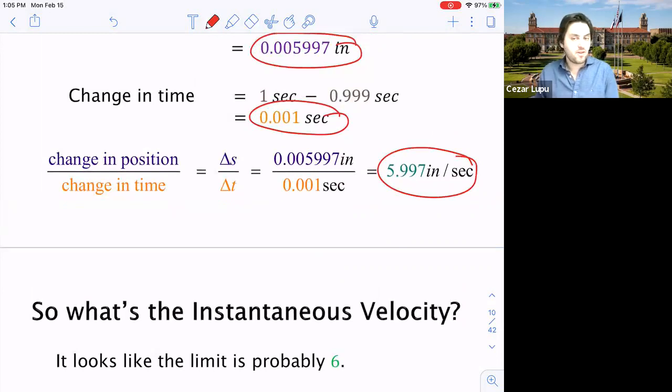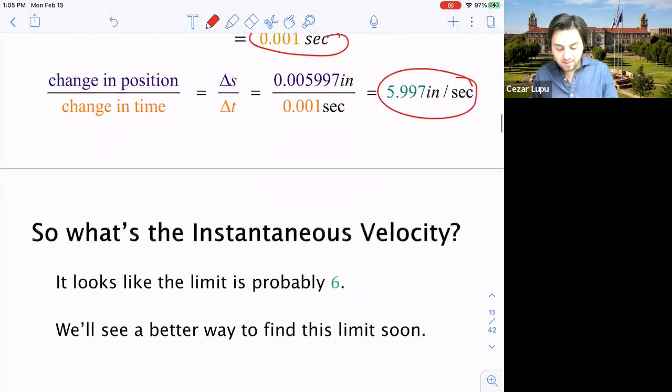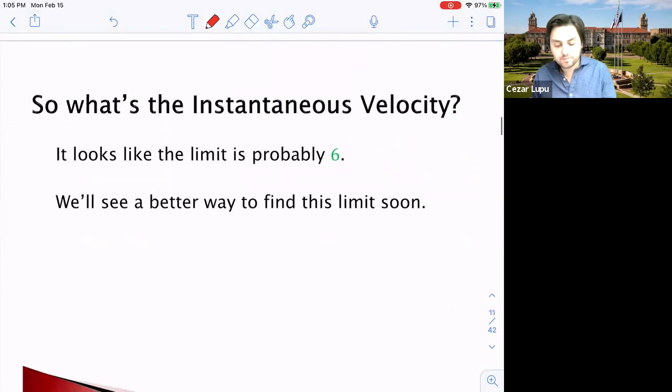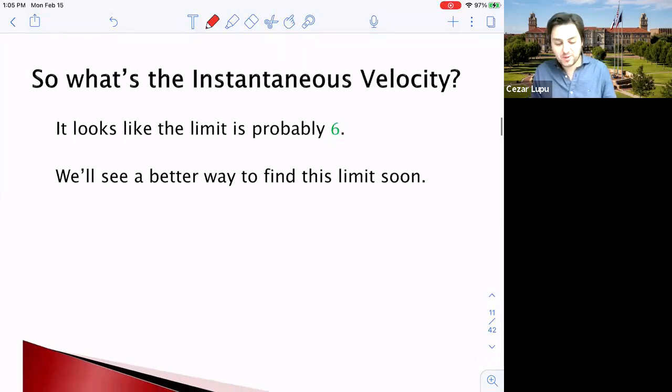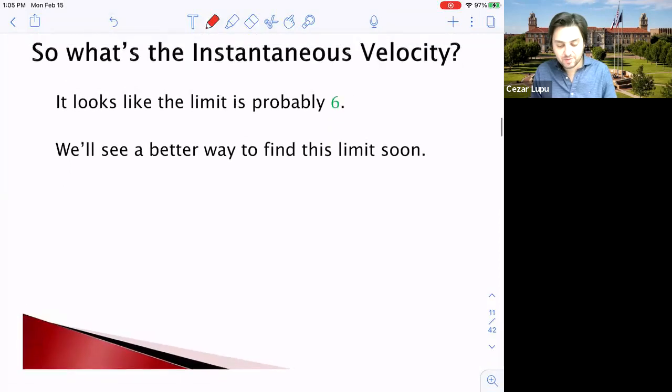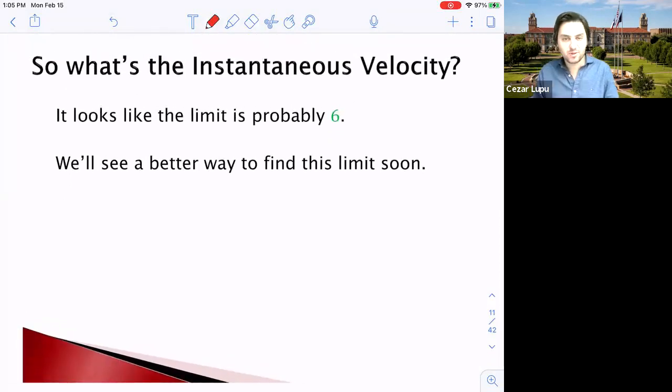Because we're getting very, very close to the number 6. We'll see a better way to find this limit very soon. But yes, indeed, the result is 6.